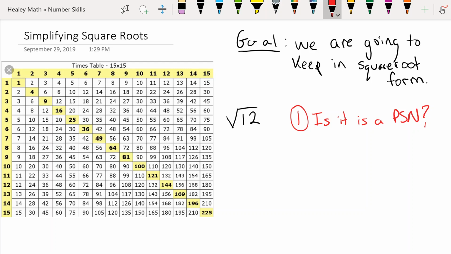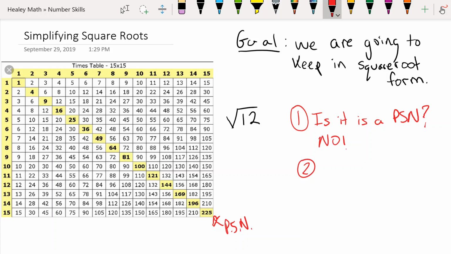Well, by looking at our table, we know that 12 is not a perfect square number, since our yellow numbers are our perfect square numbers. And no number multiplied by itself will equal 12. So we know this is a big no. Now we move on to the second.